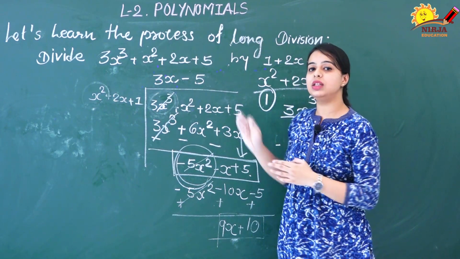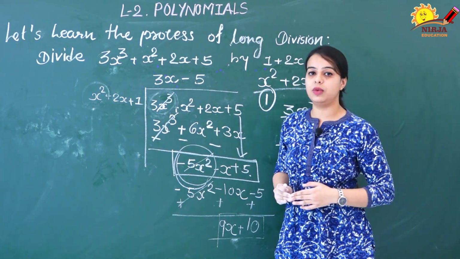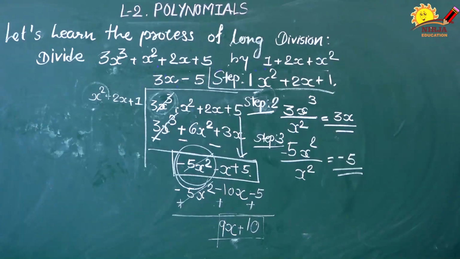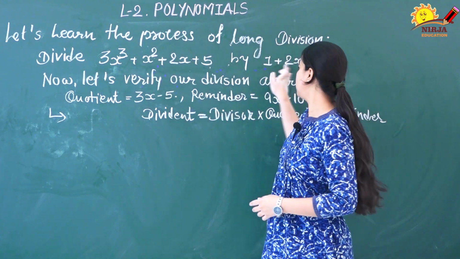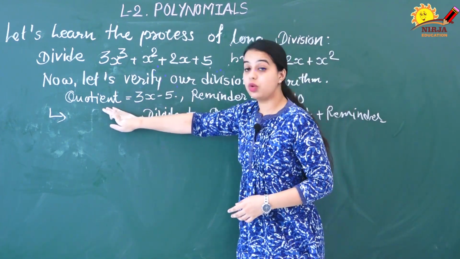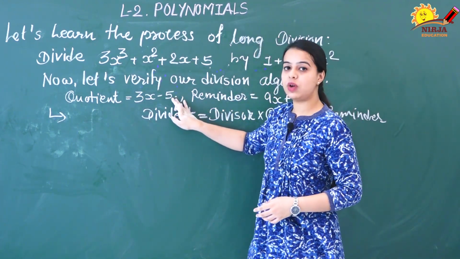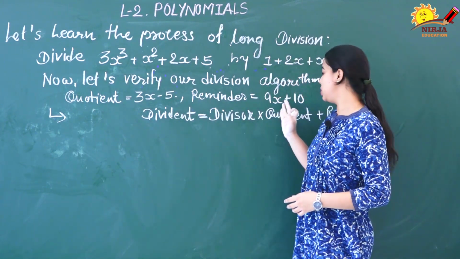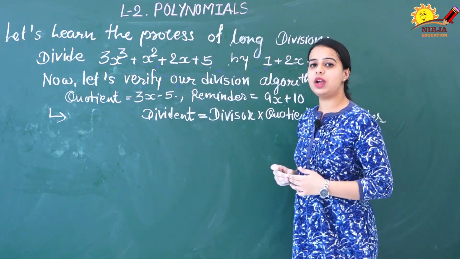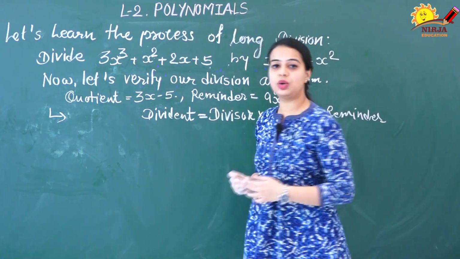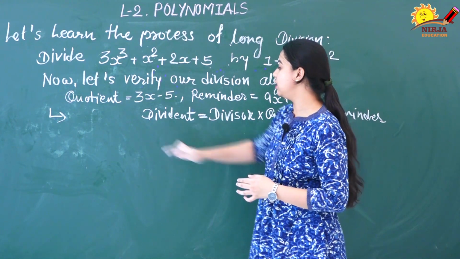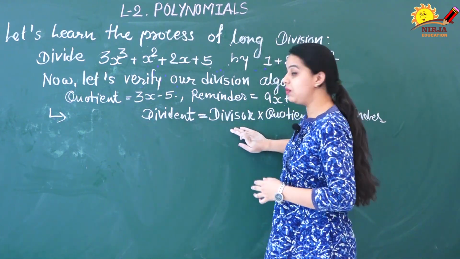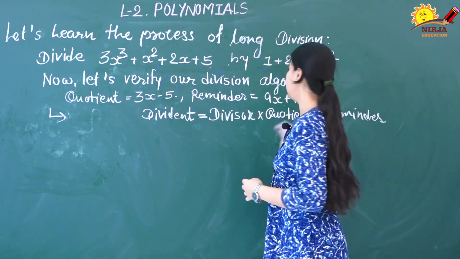Now, let us verify this by the division algorithm for polynomials. Just now we have done division for these two polynomials and we got our quotient equal to 3x minus 5 and remainder equal to 9x plus 10. The division algorithm for polynomials states that dividend is equal to divisor multiplied by quotient plus remainder.